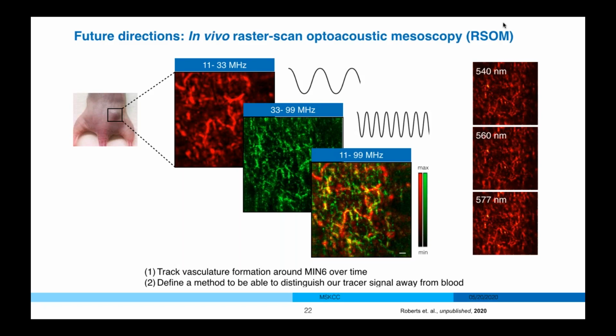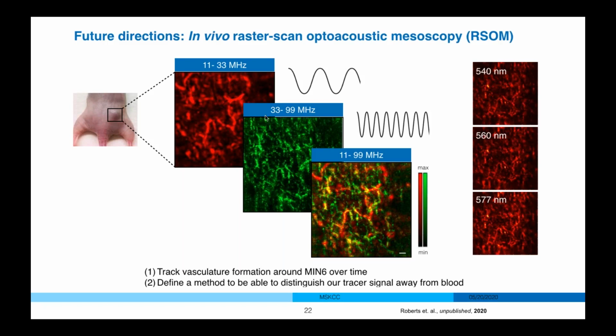It typically excites at a wavelength like 532. What I'm showing you here is the same mouse, MIN6, imaged between 11 and 100 megahertz.